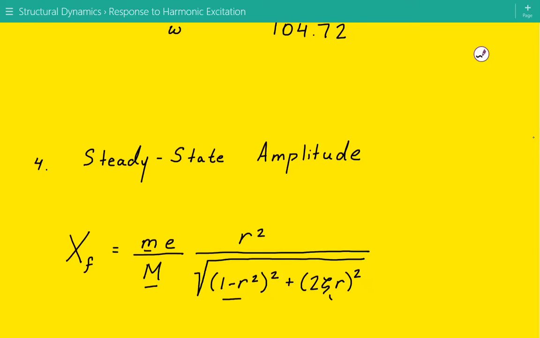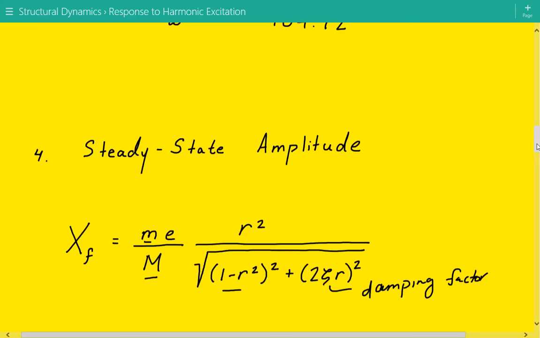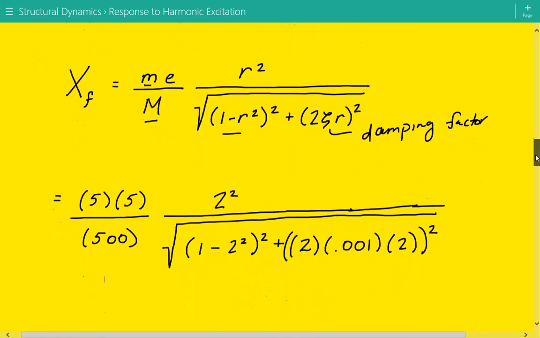And zeta is the damping factor. And so now we can just plug in the values into this formula and find the steady state amplitude.